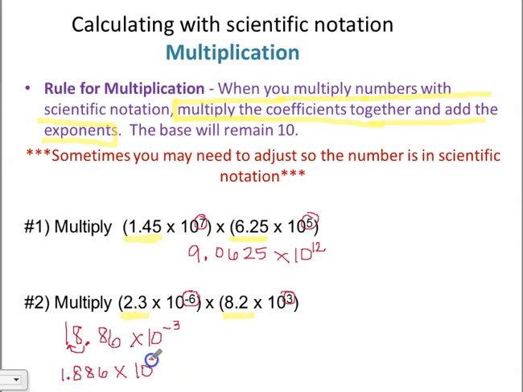So now we only need to raise it to the -2nd power, and then it is written in correct scientific notation. So keep in mind when you're adding, subtracting, multiplying, and dividing, if you end up with a coefficient that is not between 1 and 10, you need to do some adjusting so that it is.